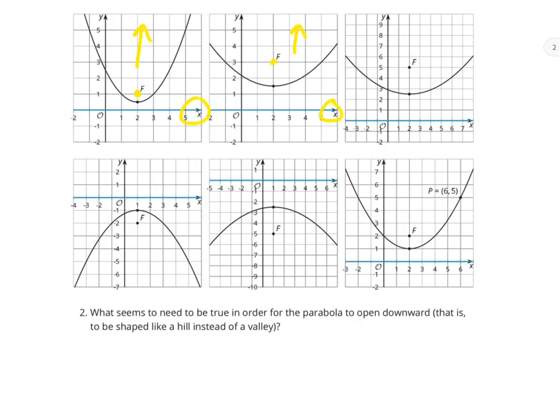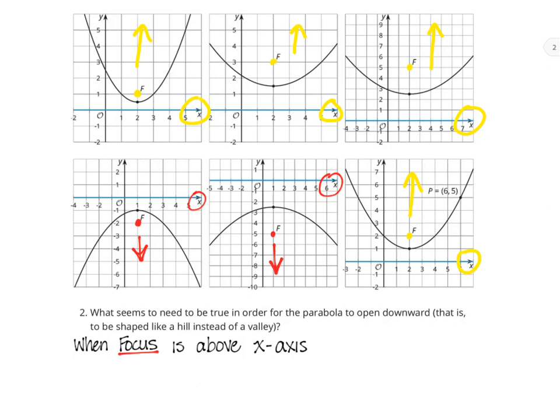In the second one, the focus is above the directrix and it opens up. In the third one, the focus is above the directrix and it opens up. And in the fourth one, down here, already marked it, the focus is below the directrix and it opens down.